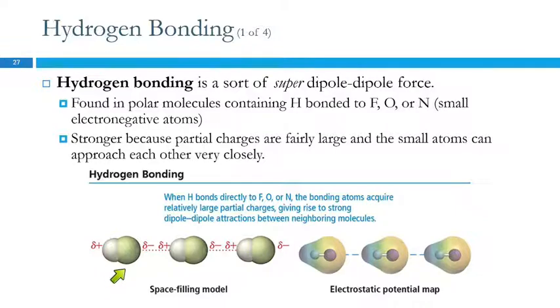So here we have something like HF, and so we have the negative attracted to the positive end of the next one. So it's the same arrangement, the same idea as dipole-dipole force. The difference is that these partial charges are larger and the atoms are smaller so they can get close together.